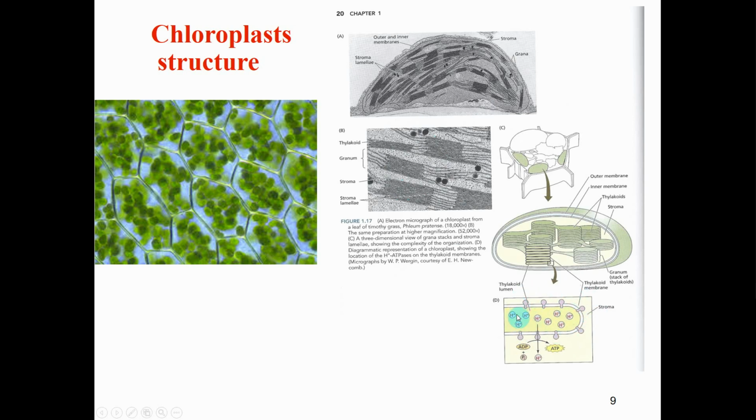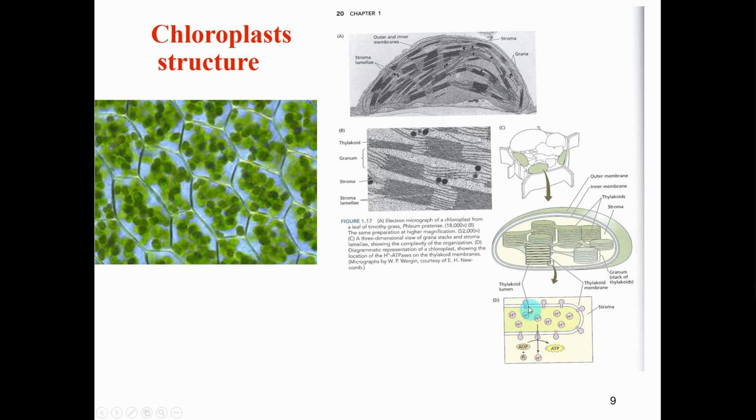So we have the stroma on the outside, and we have the thylakoid. In this thylakoid, we have the lumen. You can see that yellow bit over there, this lumen over here. Now, in the thylakoid membrane, you can see this little peg over there.